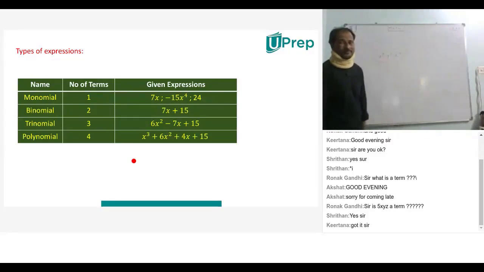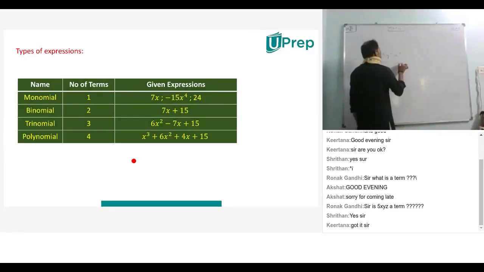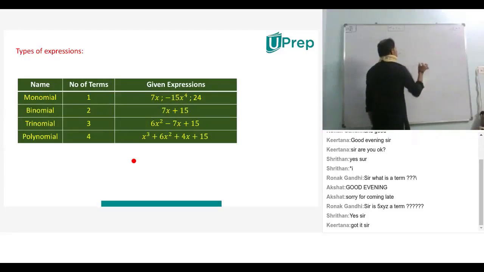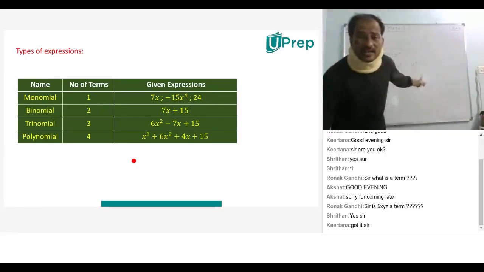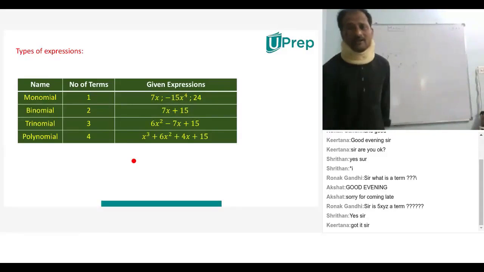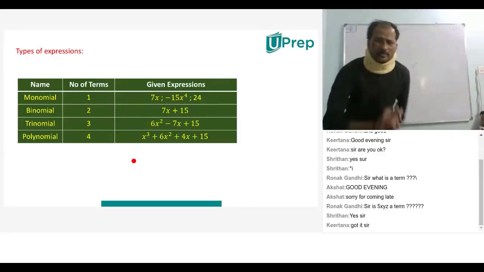For example, x power 8 plus y square is present. Now how many terms are there? 2 terms. What is the degree of the first term? 8. What is the degree of the second term? 2. What is the highest degree? 8. So 8 is called the degree of the binomial, meaning the degree of the polynomial.